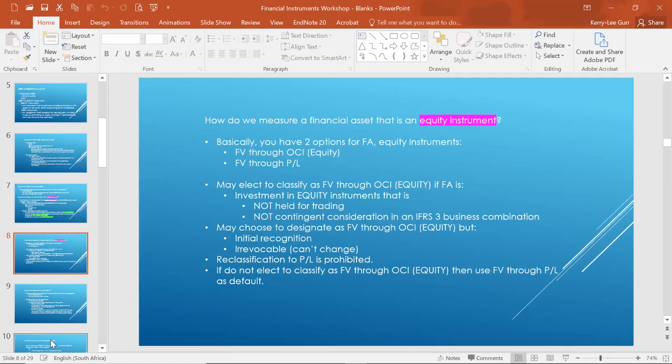Remember, the types of questions that you can get will also include things where we expect you to perhaps be critical. So maybe they said that these shares are held for trading and they want to use fair value through OCI equity to measure their financial assets. Can they do that? And then you should be able to identify and say, well, no, you can't, because they must not be held for trading.